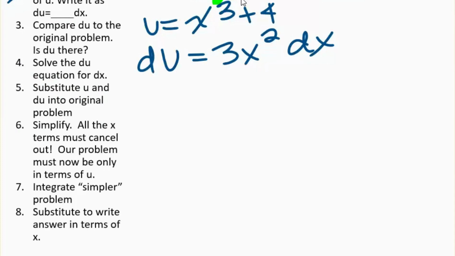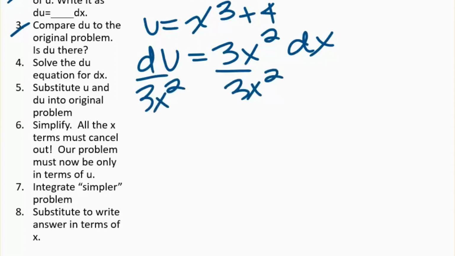I'm feeling like I'm on the right track. Step 4, I'm going to solve that equation for dx. So I will need to divide both sides by 3x squared. That leaves me with dx equals du over 3x squared.